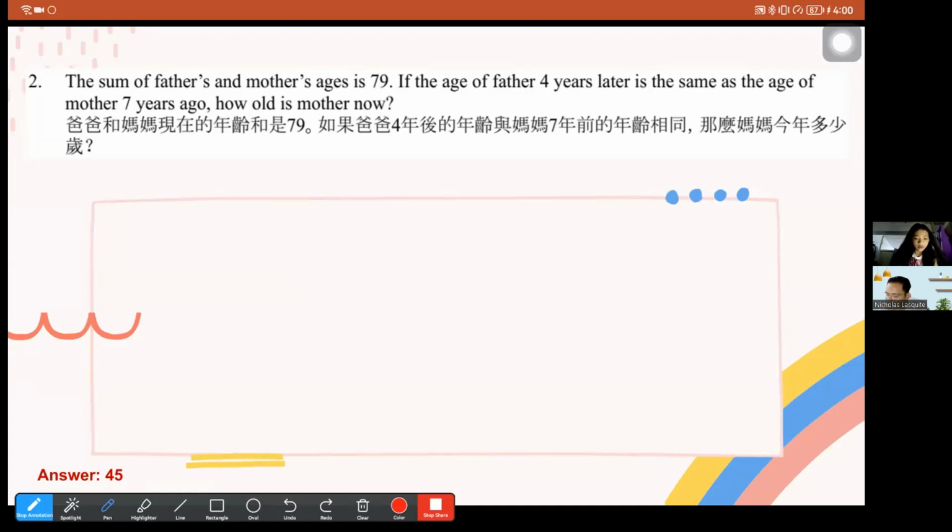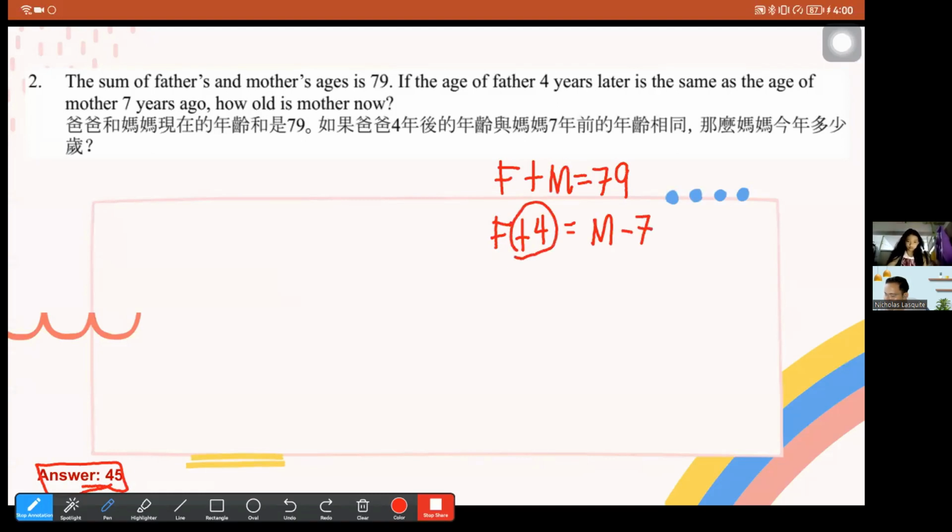So the answer here is 45. The reason why it's 45 is because the sum of father and mother is 79. And then father's age 4 years later, or F plus 4, is equal to the mother's age 7 years ago. This is plus 4. Moving to the right, it becomes minus 4. So you have F is equal to M minus 7 minus 4, or F is equal to M minus 11.